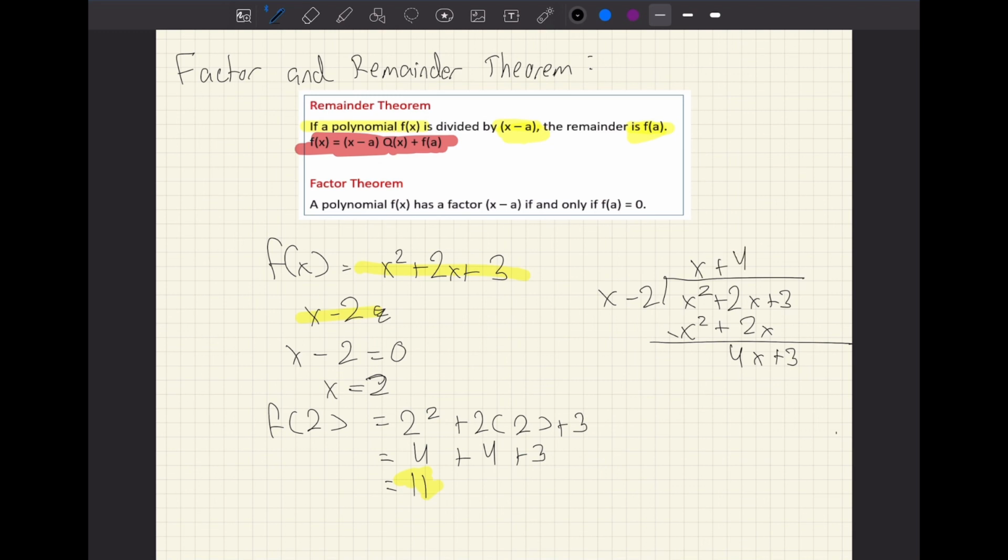Divide that by x, that'll be x plus 4, and you get 4x minus 4 into 2 is 8, so minus 8, change the signs. 8 plus 3 is 11. Hence we have proved the remainder theorem: when we divide this by x minus 2, the remainder is f of 2, which is equal to 11, which we calculated.